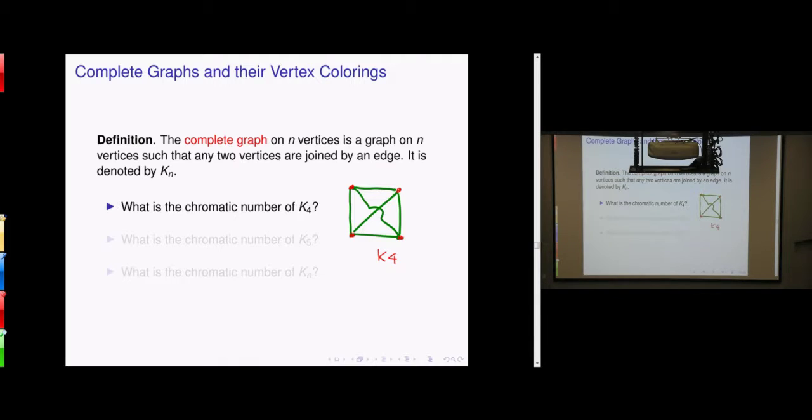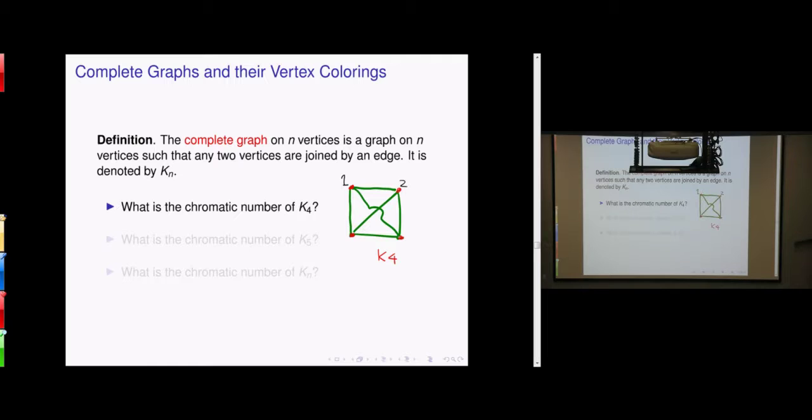Okay, so to color K4, what is the chromatic number? 4, right? Let's do it slowly. I color this vertex with number 1. Then I have to color this one with a different color because they are connected, so this is 2.